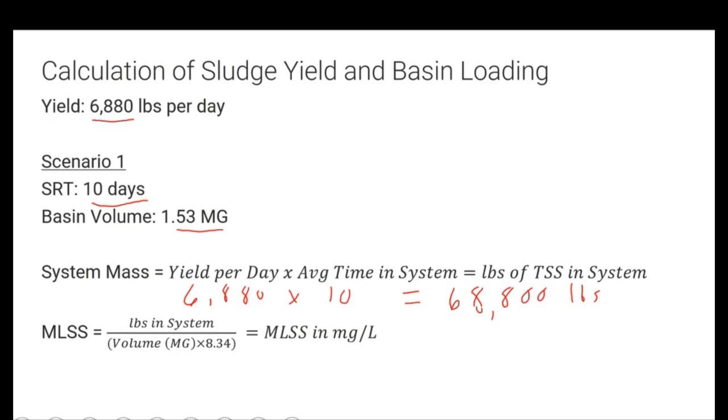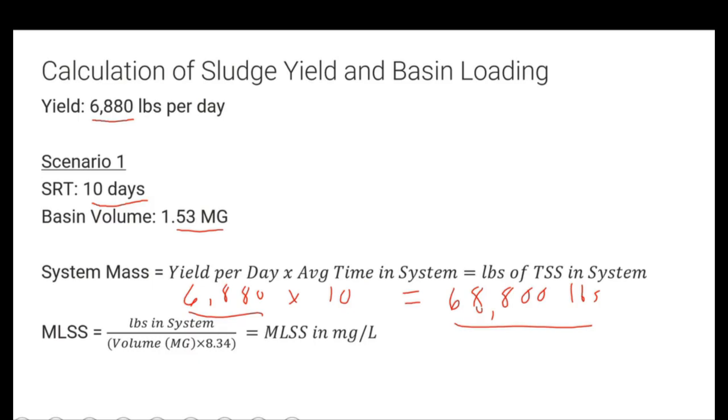Yeah, that's your inventory in your system. You look at your mass in your system, how many pounds are in the system. The 6,880 is like your unit cost, that's per day. And this is how much it will accumulate over 10 days if you hold it at steady state, because all you've done is multiply it by the number of days. Correct. So now what's the next step?